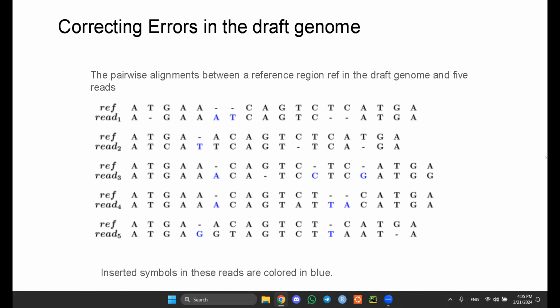After this, we need the purpose of the error correction of the draft. The first step is defining the multiple read alignment of the entire draft genome into thousands of short segments, which are called mini-aligned segments.